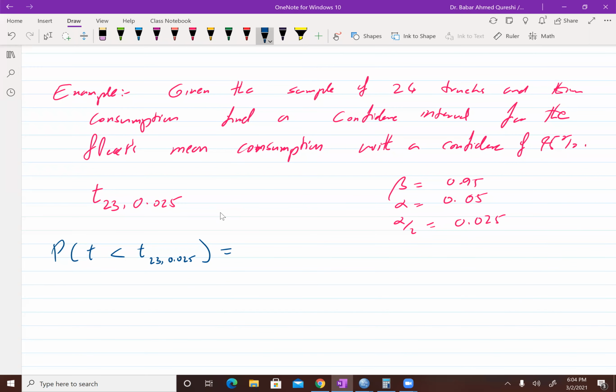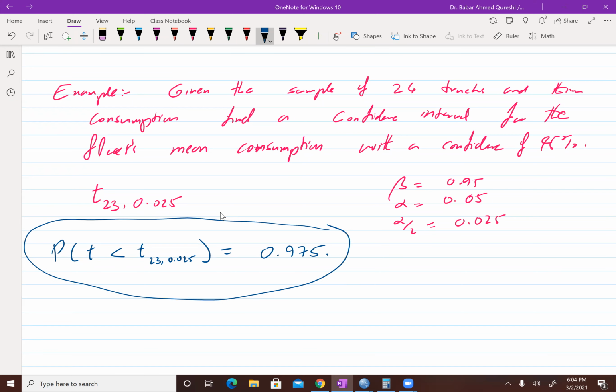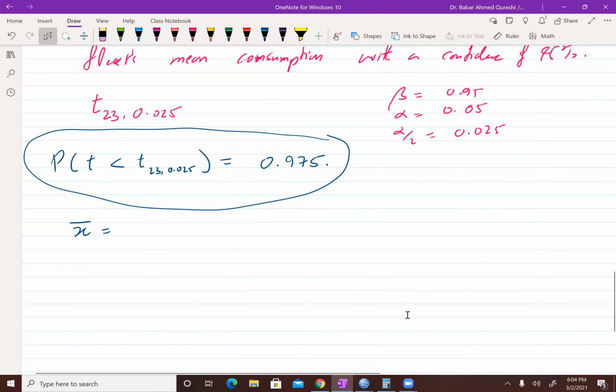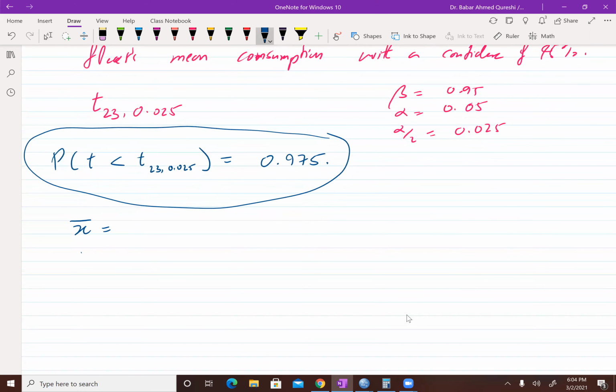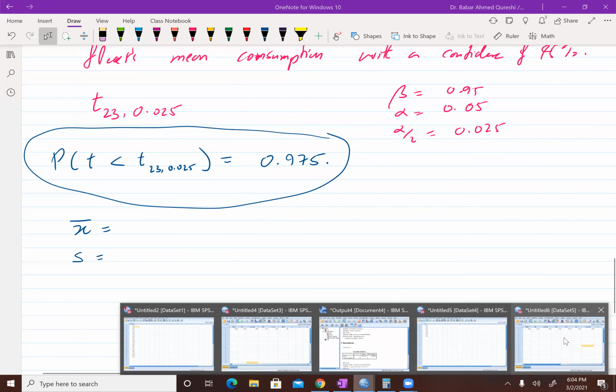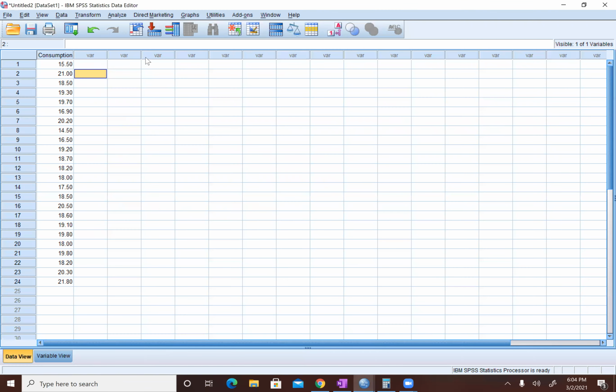The number which comes over here is actually 0.975, because 0.975 plus 0.025 is equal to 1. So this thing you have to put in, but we also need the sample mean and the sample standard deviation. So it's just a little bit more practice.